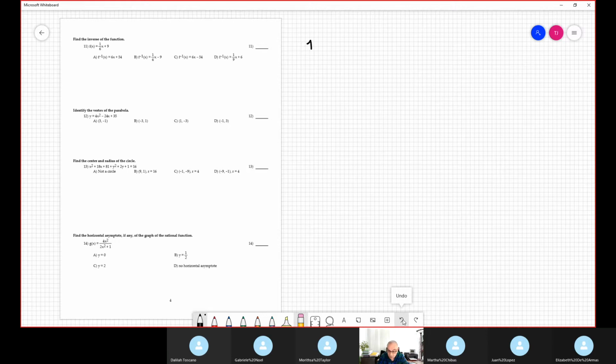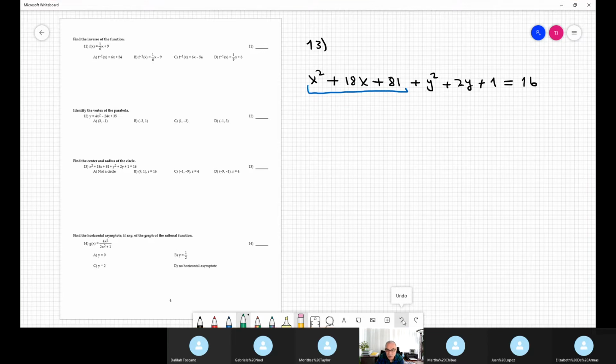Now 13. Number 13 is not complicated, but it's a little bit long. Find the center and radius of this circle. x squared plus 18x plus 81 plus y squared plus 2y plus 1 equals 16. Wow, but this is too easy, because you don't need to find anything: this trinomial and this trinomial both are perfect squares.